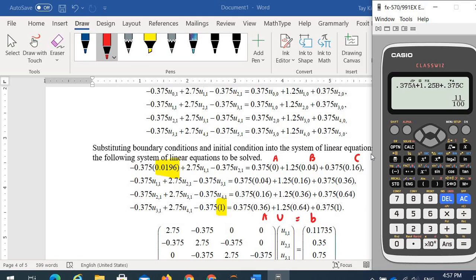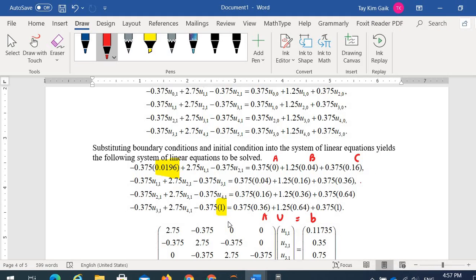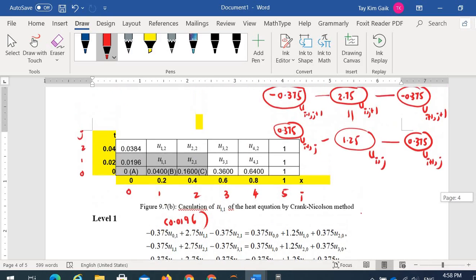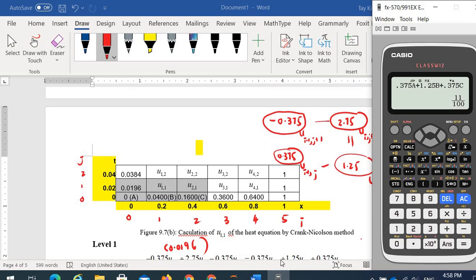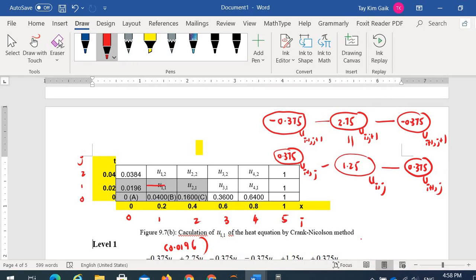So I get the first value here, 0.1174, and now to calculate the second equation, we need the B value for the second equation. Highlight the yellow color here.